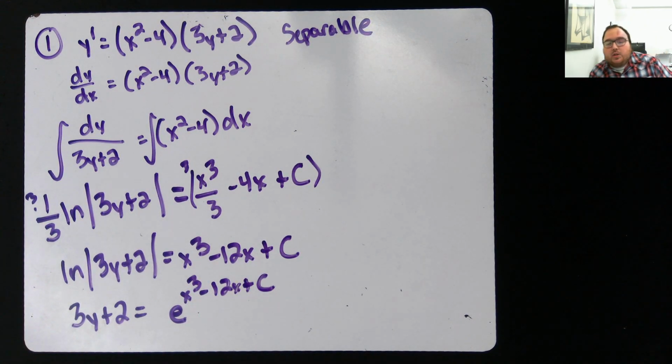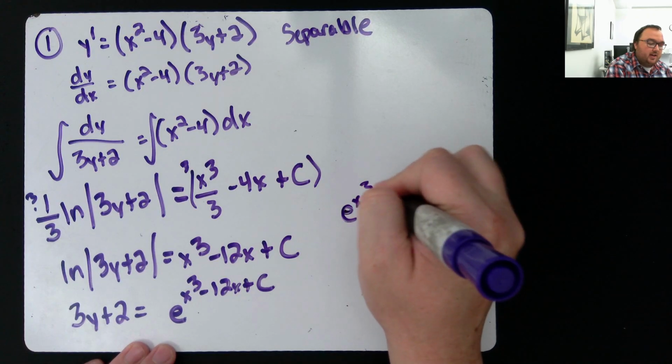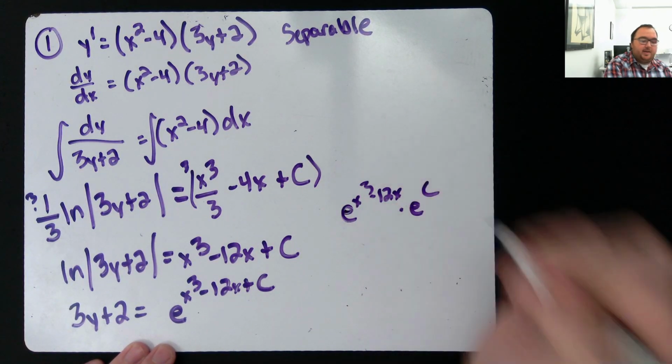I want to pause really quick because there's a notation thing I want to bring up. Remember our powers. If I'm saying plus c, so e to a bunch of stuff plus c, technically speaking, I could split it up: e to the x cubed minus 12x times e to the c, because it's plus.